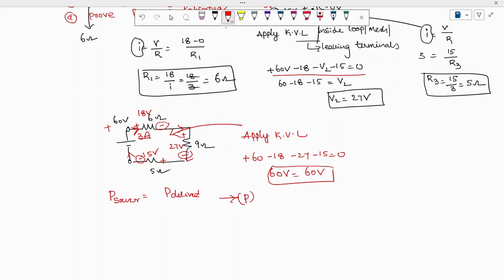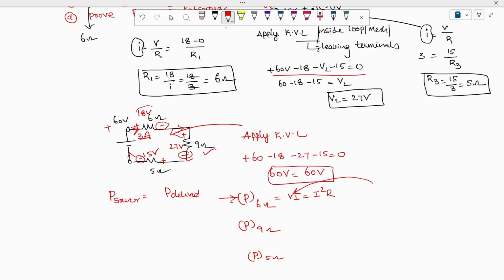What is this resistor? 6 ohm. What is the power absorbed by the next element? 9 ohm. Power absorbed by the next element is how much? 5 ohm. The formula for this power, you can use V into I, or you can use I square R. Okay, so comfortably I am using V into I.